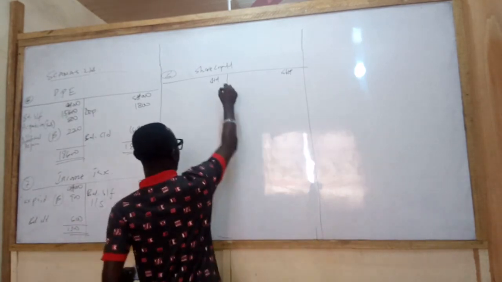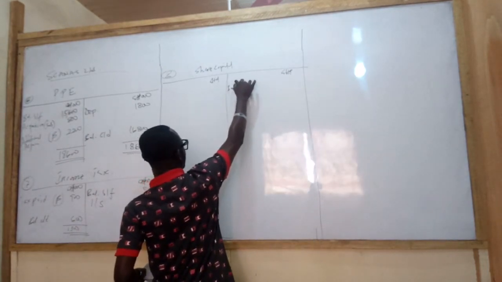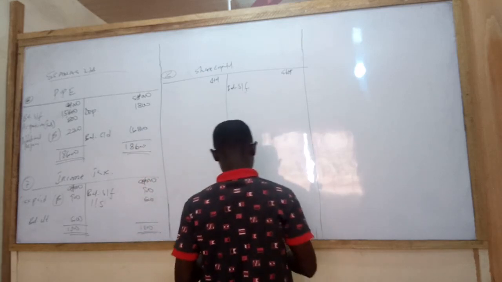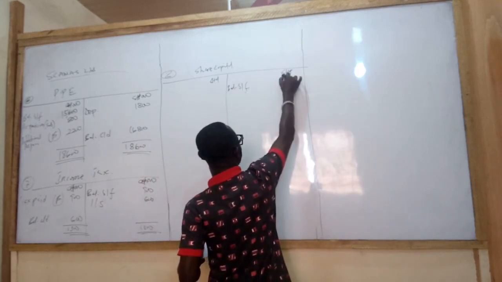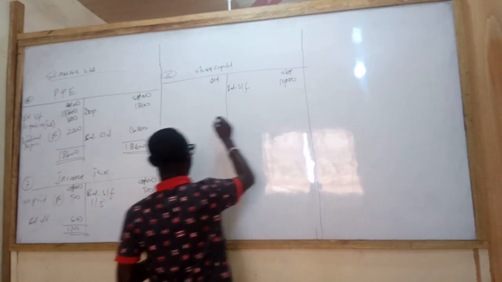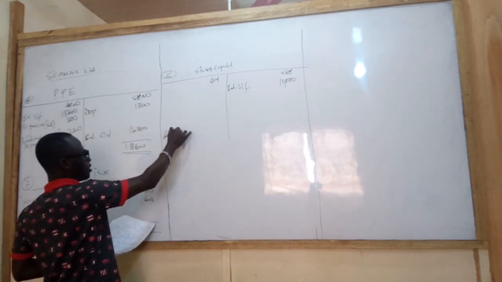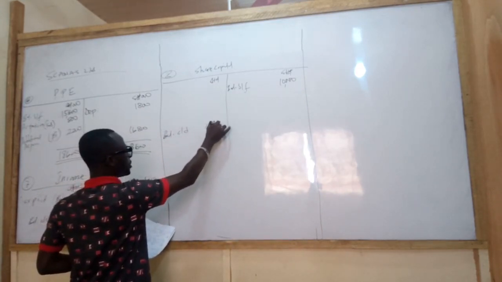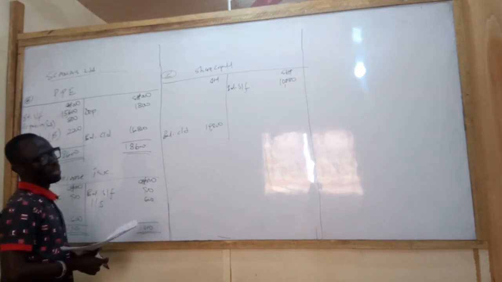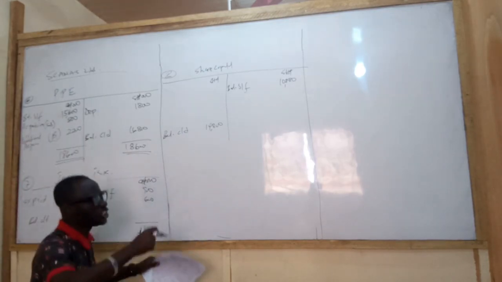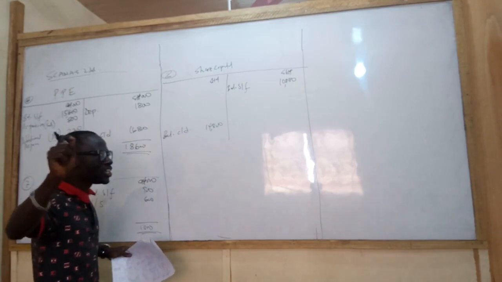So let's go for it. Opening balance, please. 10,000. Closing balance: 14,800. Then remember, we issued shares to the subsidiary.